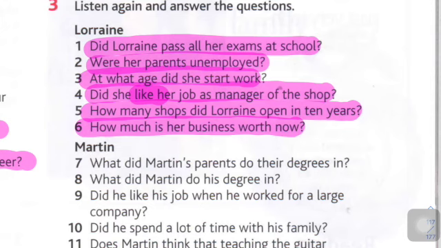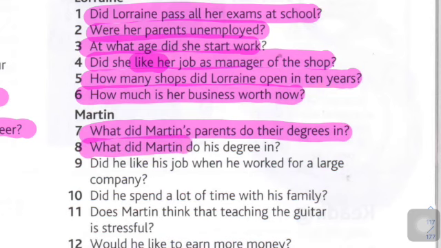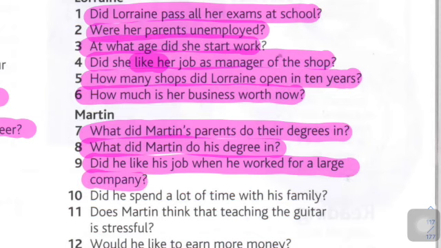And we have another 6 questions for Martin. Number 7, what did Martin's parents get degrees in? So what is the subject Martin's parents studied? What did Martin do his degree in? So what did Martin study? Did he like his job when he worked for a large company?